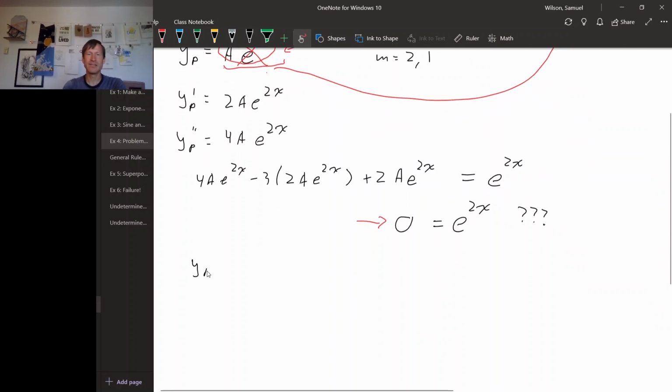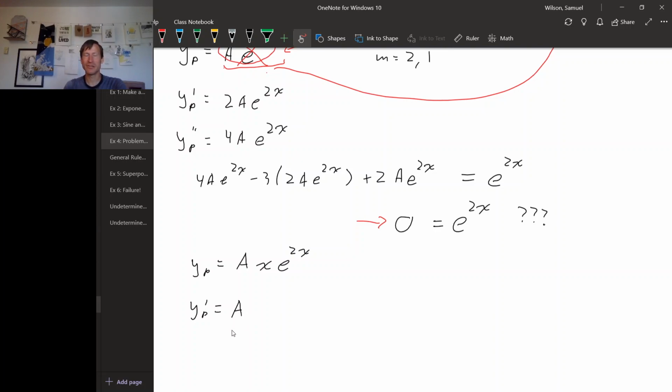And that is x times e to the 2x. So let's try, instead of e to the 2x, x e to the 2x. Of course, when we start taking derivatives, this is going to make things messier because now we have to do a product rule, but you know, that's life.